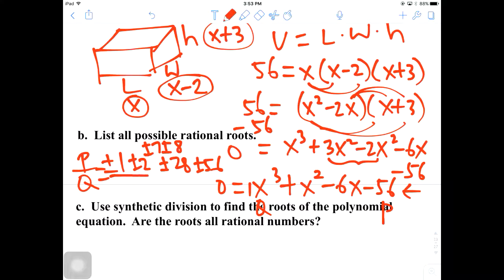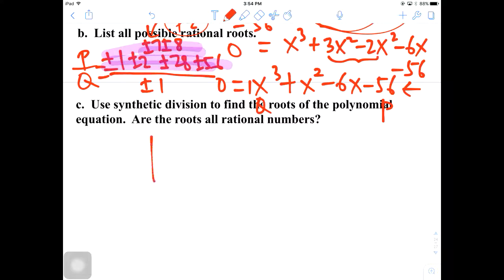So that's the complete list of factors for 56. And for Q, which is just 1, it's just going to be plus or minus 1. So if we divide everything by 1, P over Q just leaves the top as the list of possible zeros. So there they are. We have the possible zeros right here. This list has 12 possible zeros.